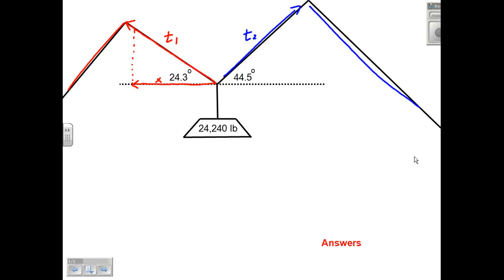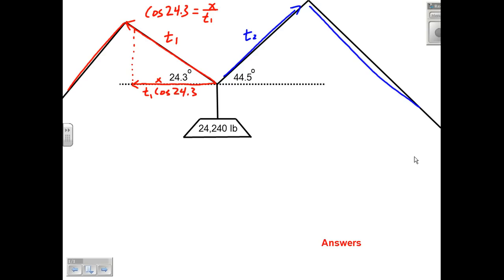And that means from the 24.3, I'd like to talk about the hypotenuse. I'm interested in the adjacent, so of course cosine will get the job done for us. Cosine of 24.3 is adjacent X on T1. Or that horizontal component X, if I multiply both sides by T1, can be stated as T1 cosine 24.3.